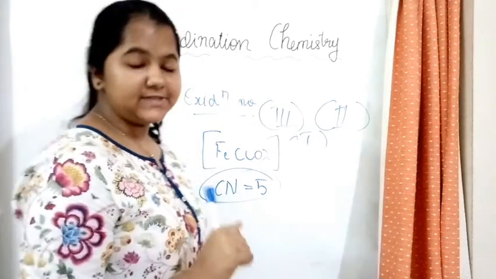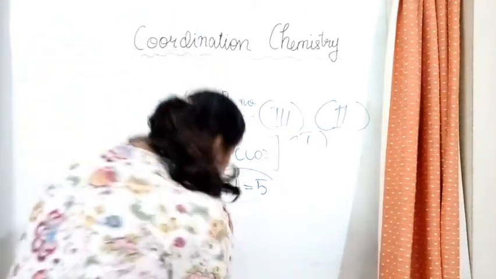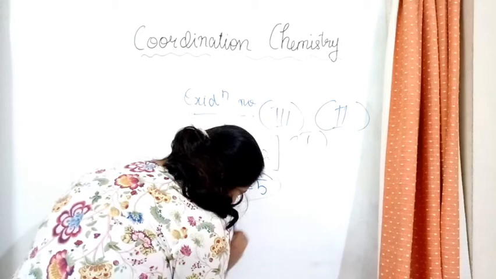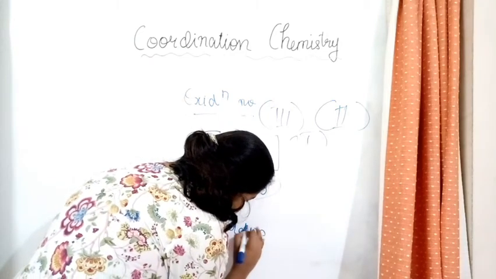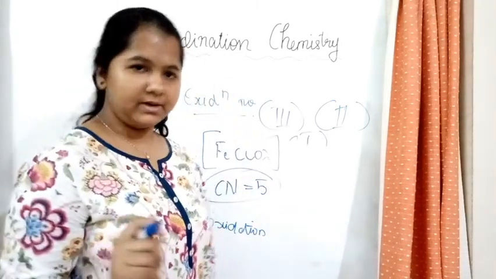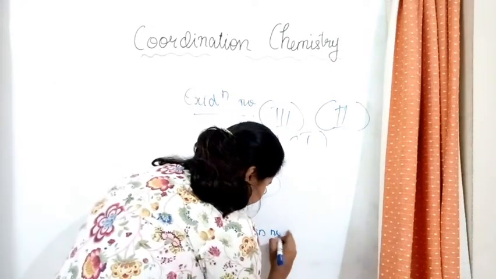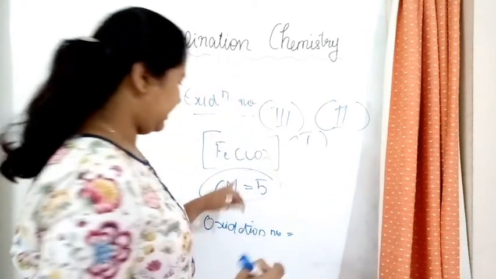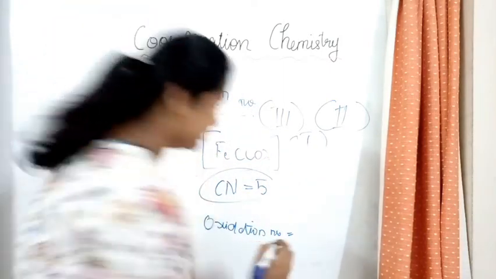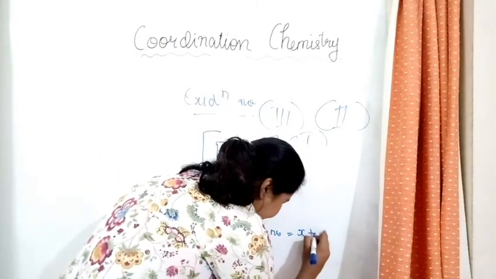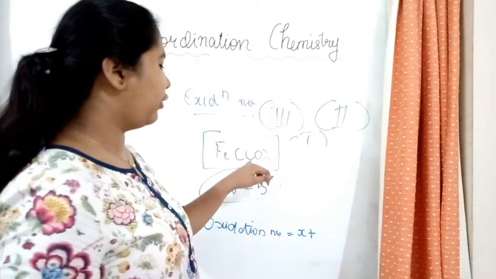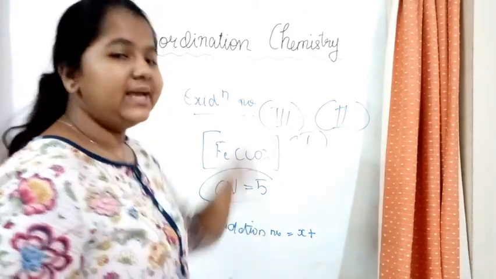Now we have to see the oxidation number. What is the oxidation number? We have to find it for Fe. So let's make it x plus, what is the value for carbon monoxide? It's 0.